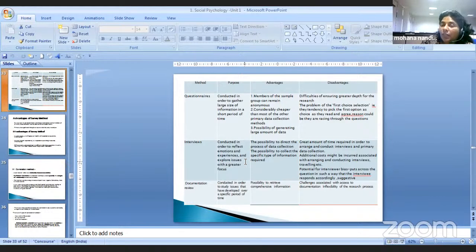Additional costs might be very high, incurred in arranging and conducting interviews, traveling and all. Not only that, whenever you are doing the one-to-one, your cost of time and time consumed is very high. There is potential for interview bias, which puts across the person in such a way that the interviewee responds according to suggestion.